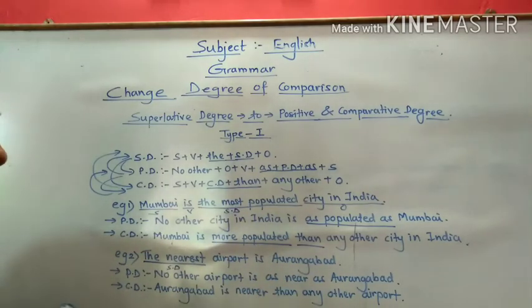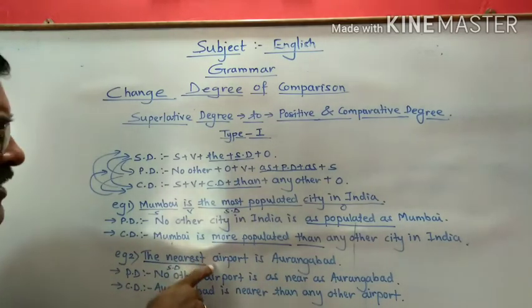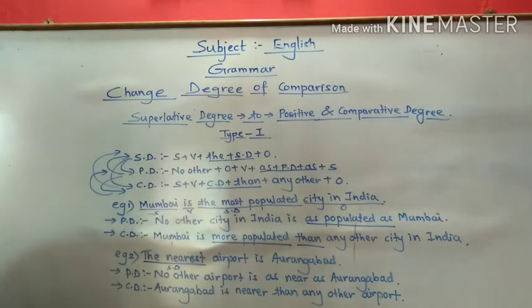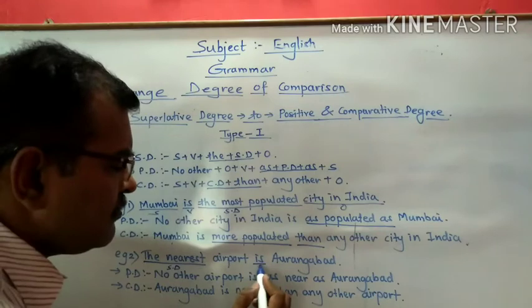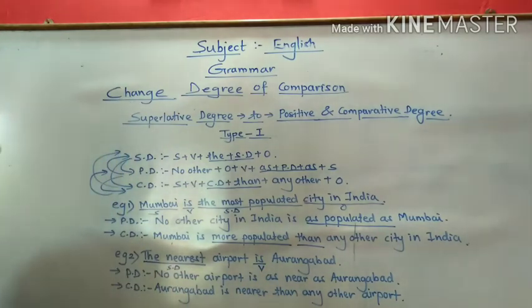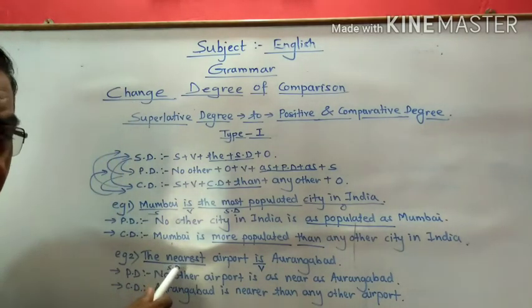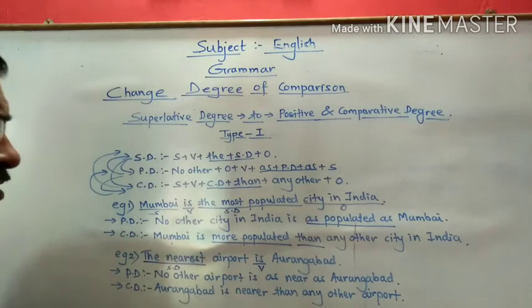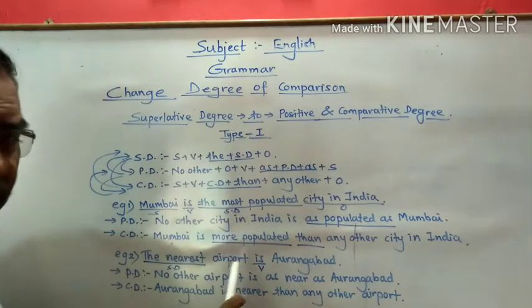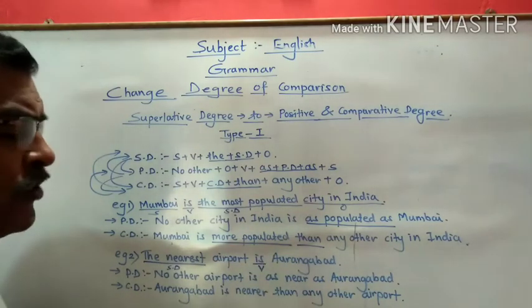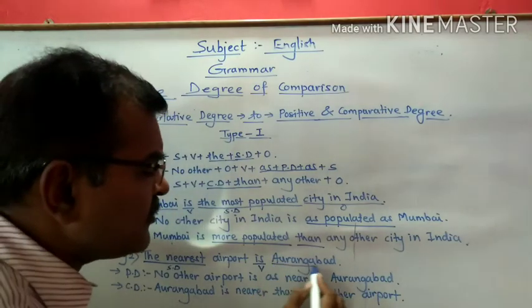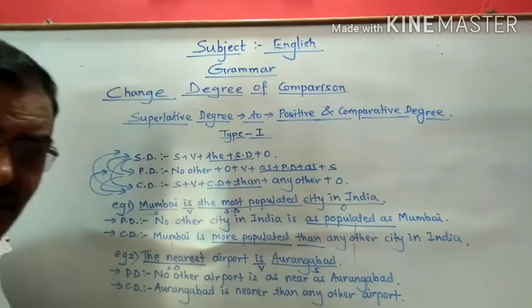But if we want to adjust this sentence into our construction, let us concentrate on the verb. If the sentence begins with the superlative degree, then the part which is after the verb, you can take it as a subject.